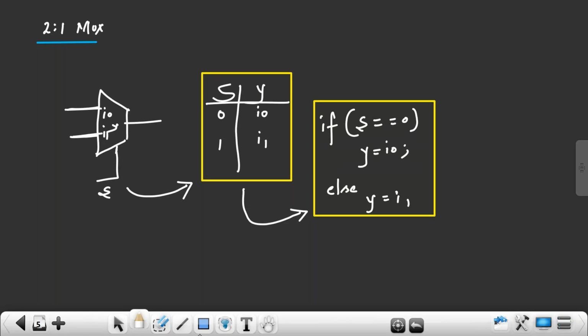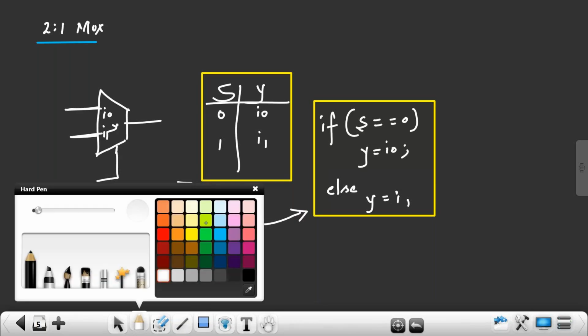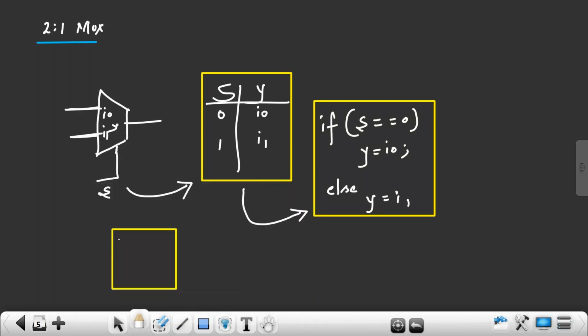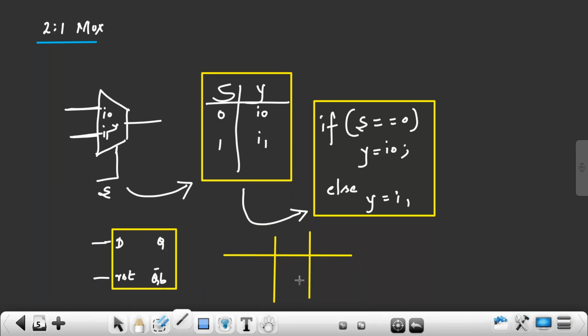To take an example of a D flip flop, a positive edge triggered D flip flop. What are the inputs for the D flip flop? D, Q, Q bar, and reset. Assume you have reset. If I ask you to write the truth table of this, what is it?